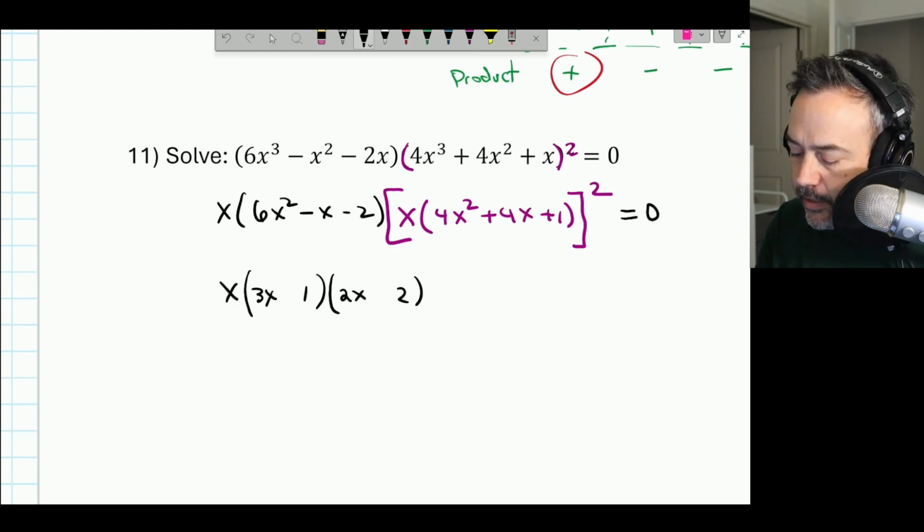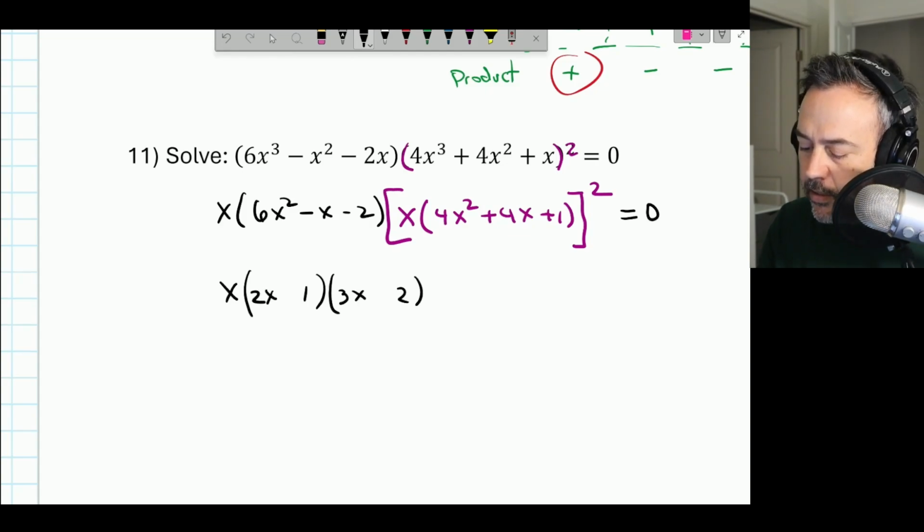Let's see. So this has to be 2 and 1. I think 2x and 3x, and I want the 2x times 2 to be negative. So this would be a negative and this would be a positive.